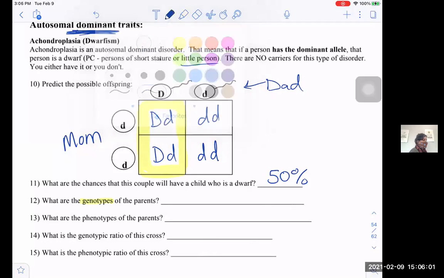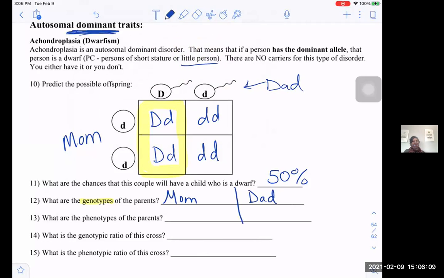I'm gonna do mom and dad. What is mom's genotype? What alleles does mom have?